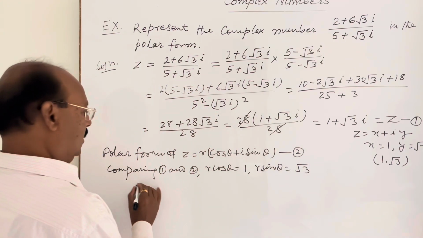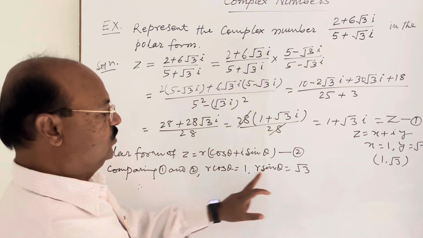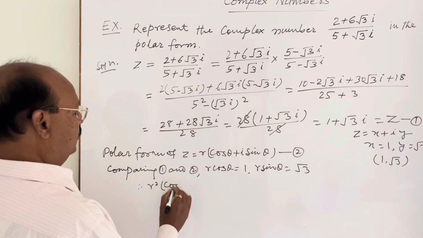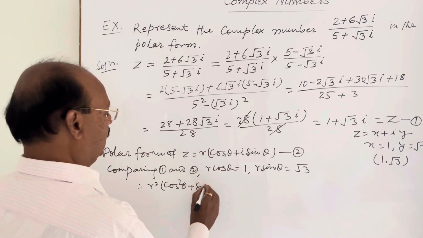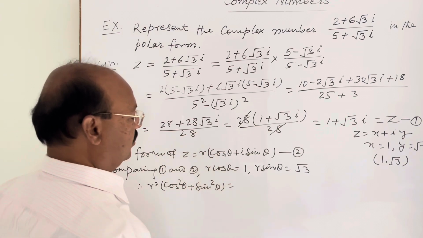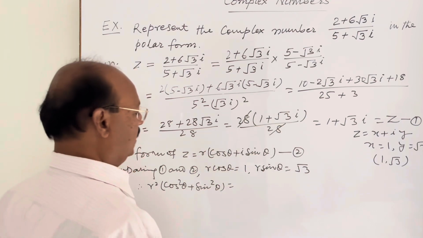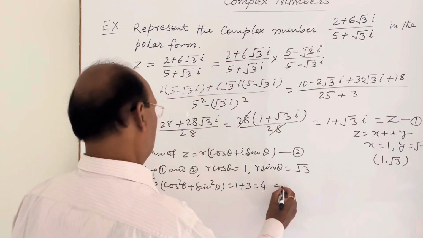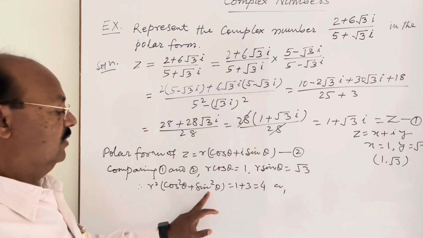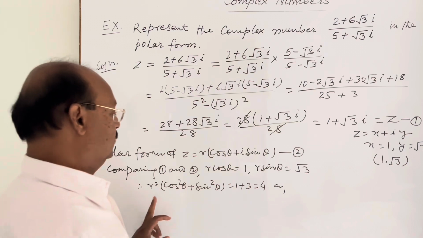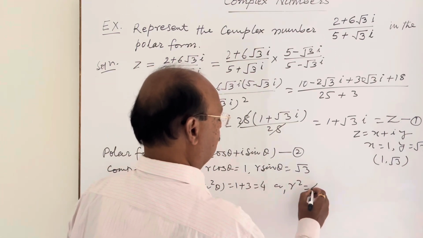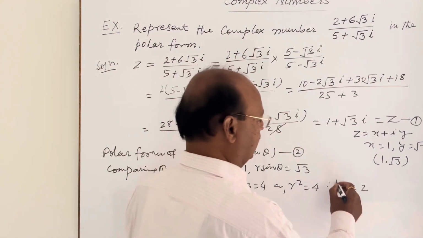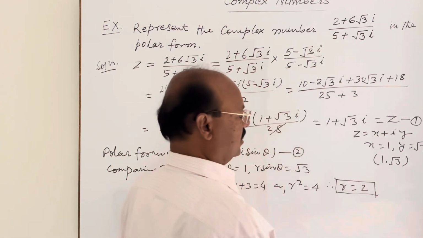Therefore, now squaring and adding these two relations, on the left hand side r square is common, r square into (cos square θ + sin square θ) is equal to 1 square plus √3 square, that is 1 plus 3, which is equal to 4. Here cos square θ plus sin square θ is equal to 1, so we are getting r square equal to 4, and therefore r is equal to 2. So here we are getting the value of r is equal to 2.